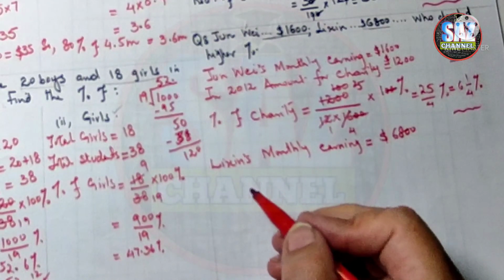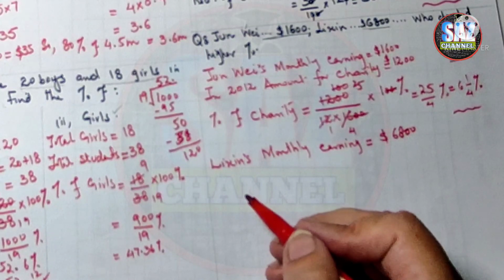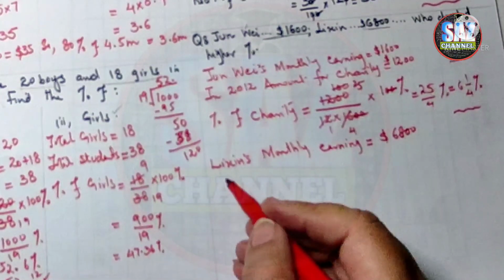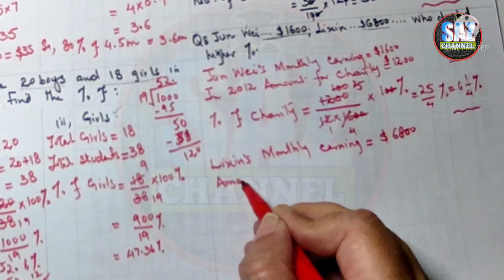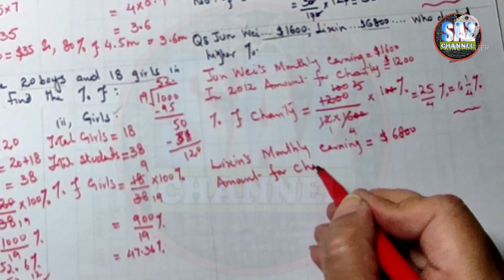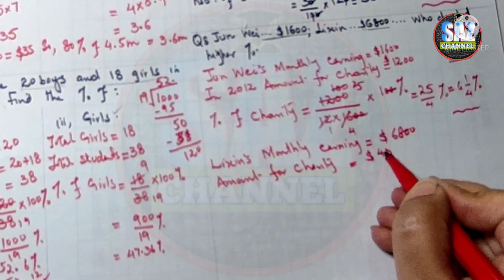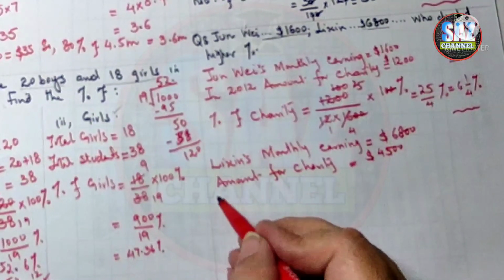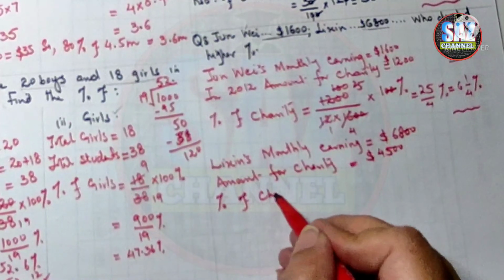Okay, and now how much is he contributing towards charity? Lixin is donating $4,500, the amount for charity. And we have to find the percentage of charity by Lixin.